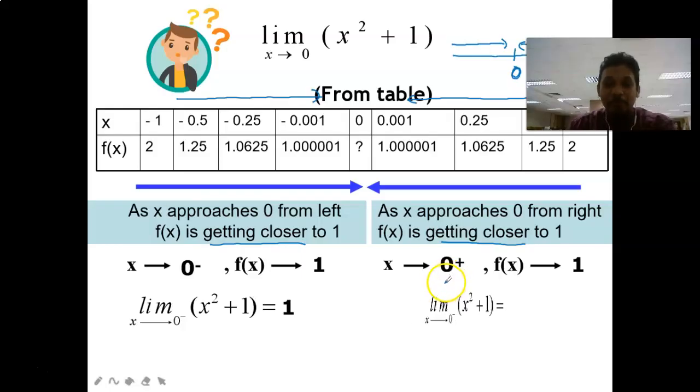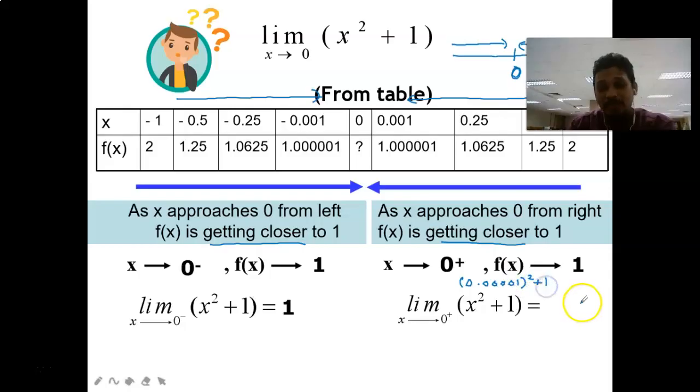It's not exactly 0, but a value of x very close to 0, from the right. So we assume that the value of x equal to 0 here, because if we say 0.00001 squared plus 1, you just imagine that 0.00001 squared becomes 0.000000001, and plus 1.